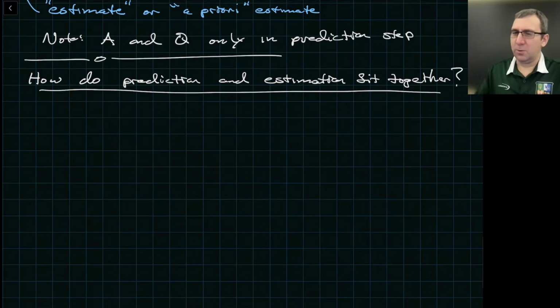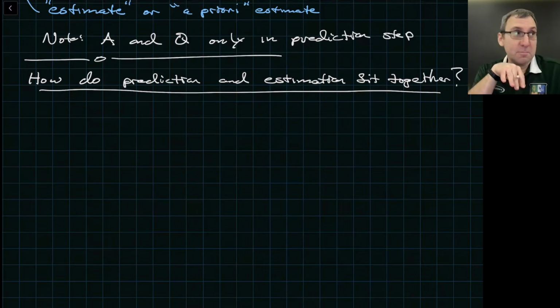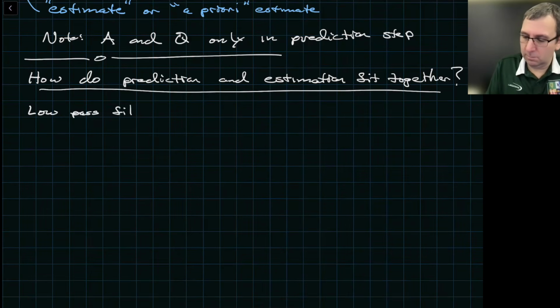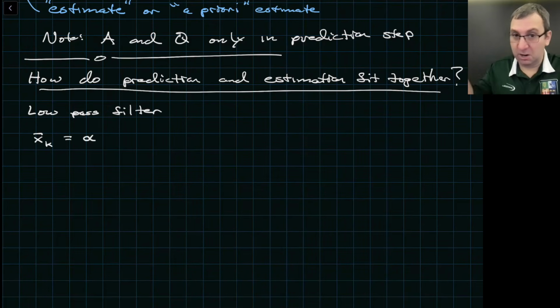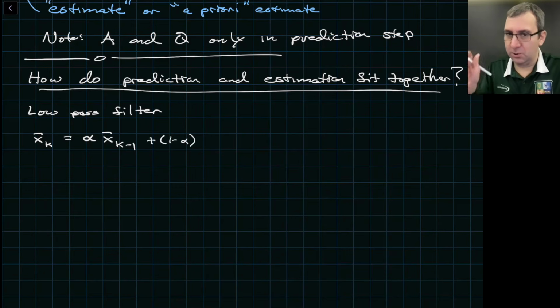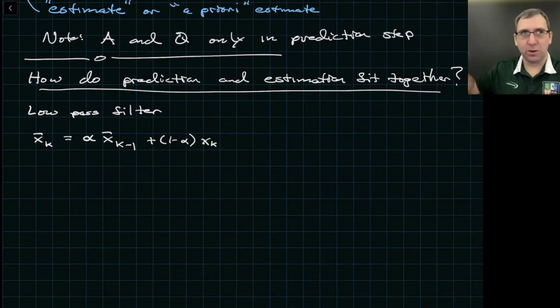And to do that, let's go back to the low pass filter, just to show diagrammatically what the low pass filter does. That low pass filter, we wrote it as x_k equals some constant alpha times the previous estimate plus 1 minus alpha times our new data point, x_k. So it's got some idea of how to incorporate the new data point and also the previous estimate.